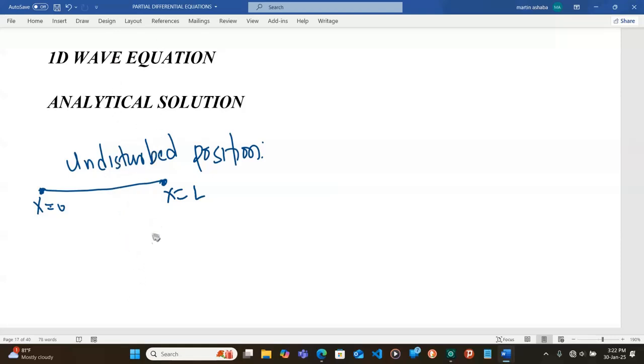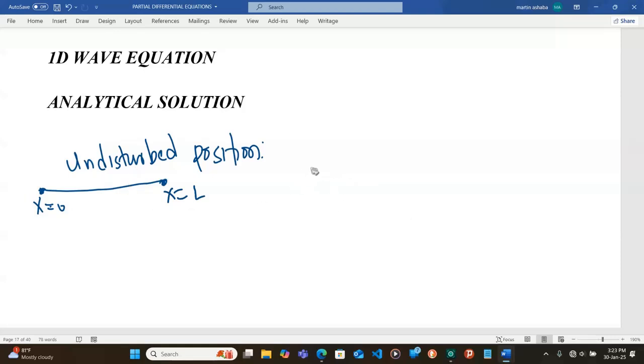So when we release it, it is going to vibrate, and the equation that describes the motion of waves within this string is actually what we call the one-dimensional wave equation. That is if we consider just one dimension, so that is along the x direction.